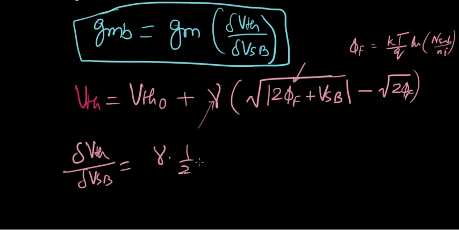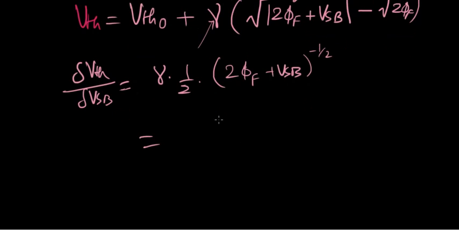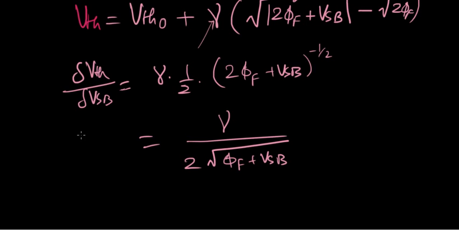Gamma times half, since this is power half, and 2 phi f plus VSB power minus half. So this can be written as gamma over 2 root of phi f plus VSB, which is del VTH over del VSB.